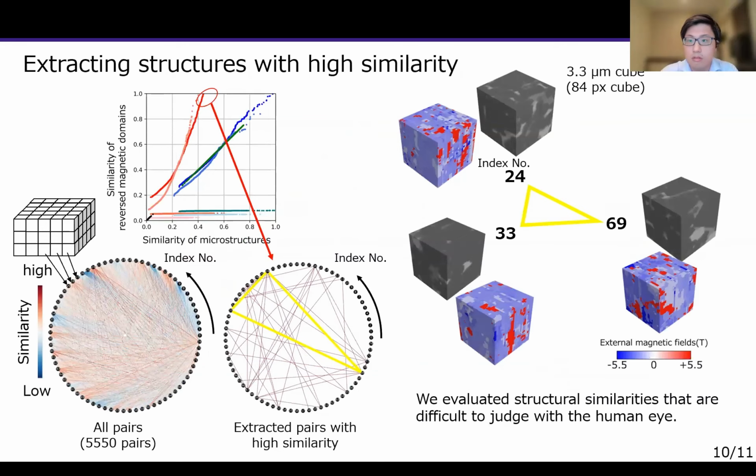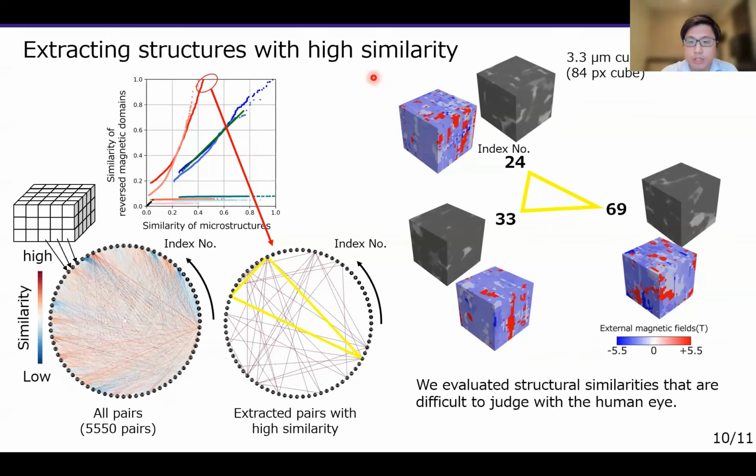So, as a demonstration, we will show the microstructure and the magnetic domain structures that have a high similarity. First of all, the cycler graph below shows this. The parts are arranged in a cycle and connected by lines. So, for example, this batch, this batch, this batch, like that.